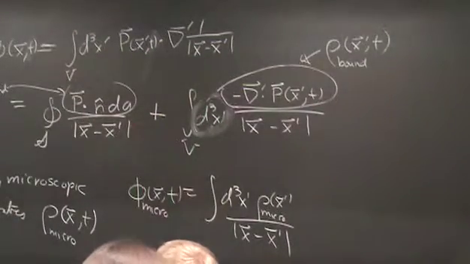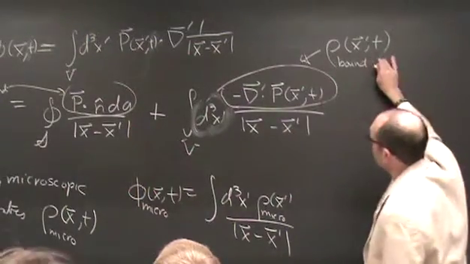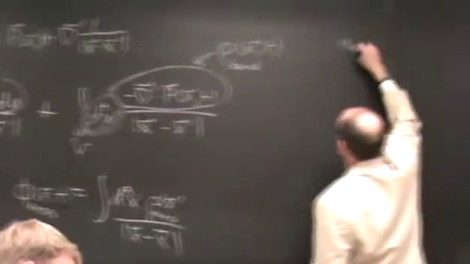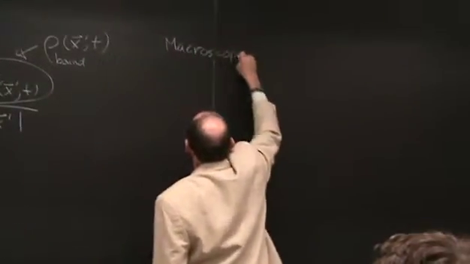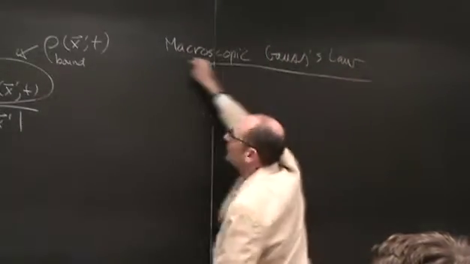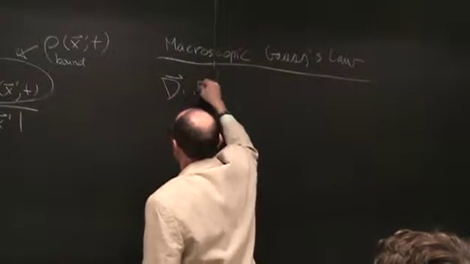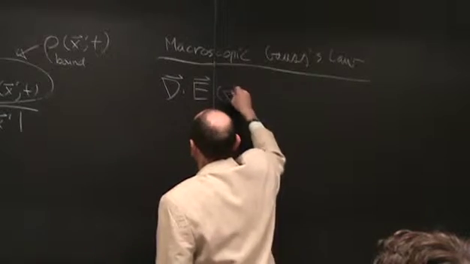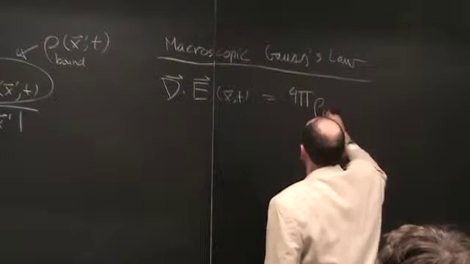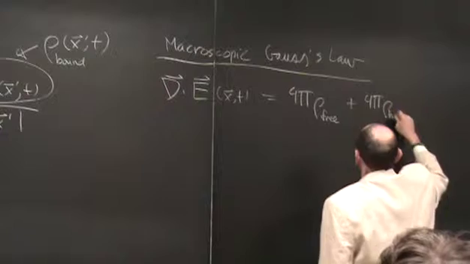Okay, so with this expression, this important relationship between the bound charge density and the polarization, we can look at the macroscopic Gauss's law. It says that we had, now I'm not going to put the term macro in here. I'm looking at the macroscopic electric field, which we said was the sum of the free charge and the bound charge.